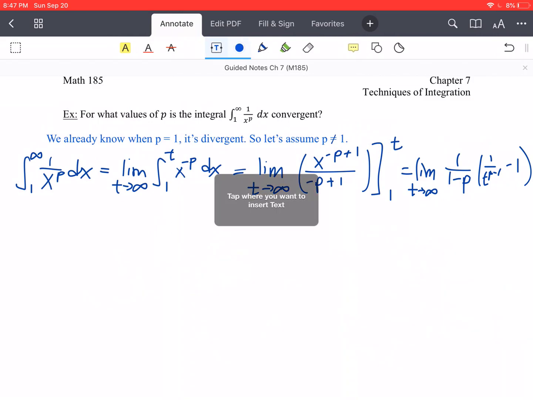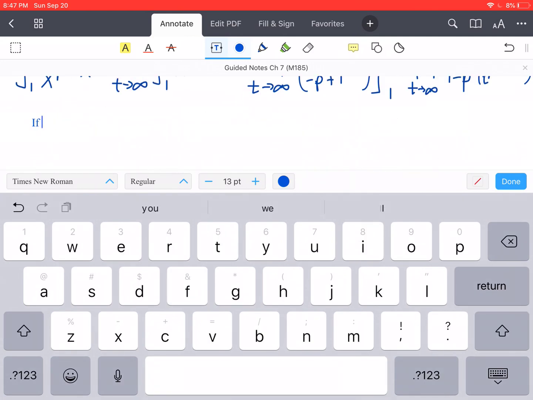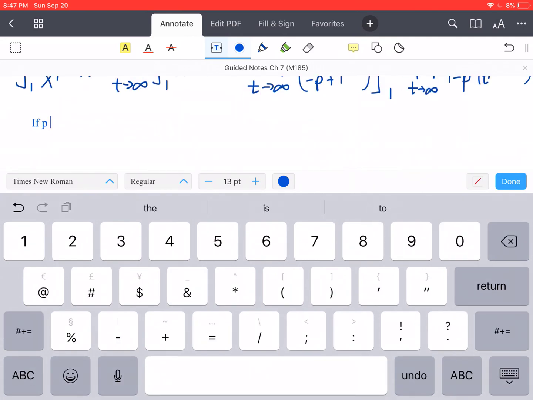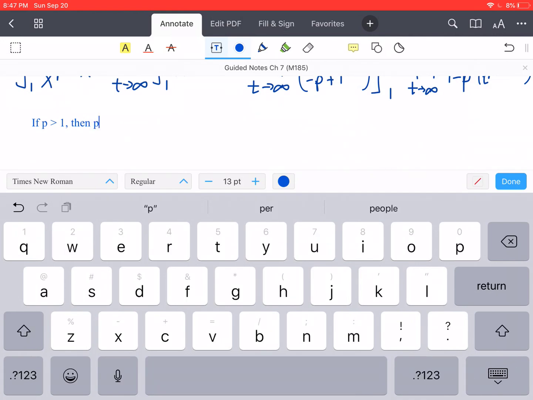So next up, let's look at some different values for p. So we're going to start if p is greater than 1. So we know p is not convergent if p equals 1, but what about if p is greater than 1?